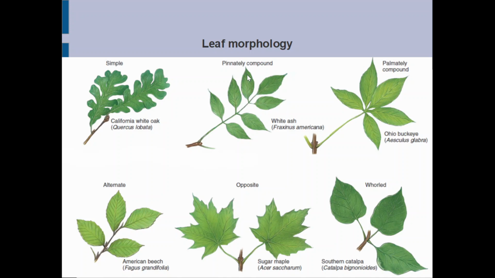So pinnately compound is a type of the arrangement of the compound leaf where the leaflets will anchor opposite to each other from two sides, and then there is a central leaflet at the end.